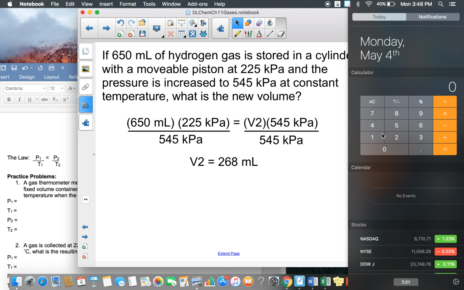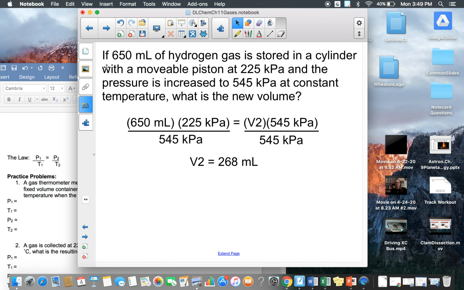So if I take 650 times 225 divided by 545. Oh, I know why, because I didn't round all the way. Okay, so if I take this times 545, yeah, that's pretty close. Whew, almost had a heart attack there.